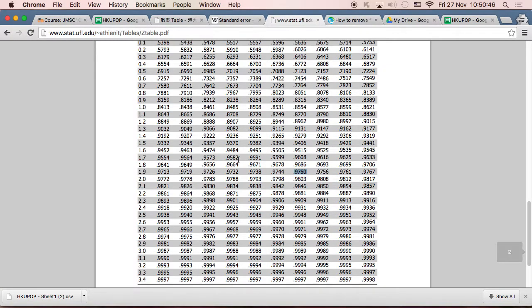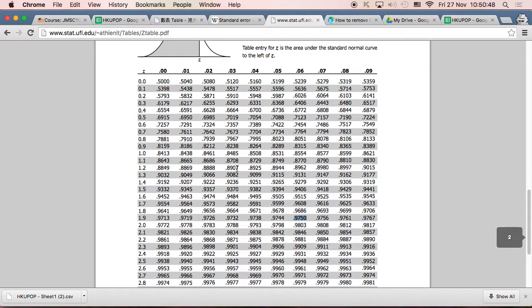So it should be 1 minus 2.5%, so it should be 0.975. So 1.96. If you need to remember one number, that number is 1.96.